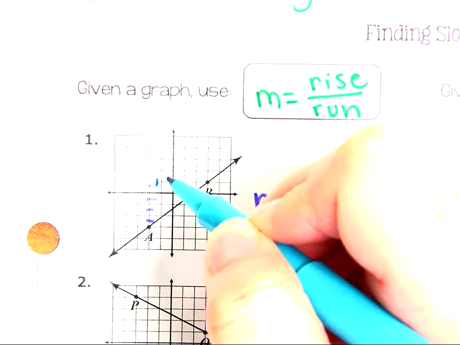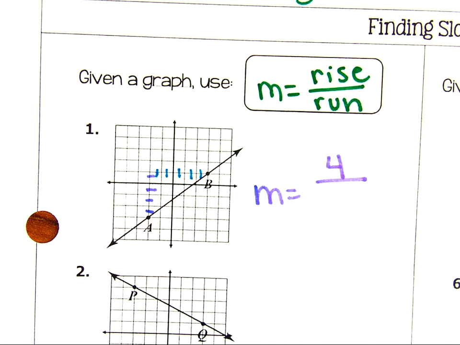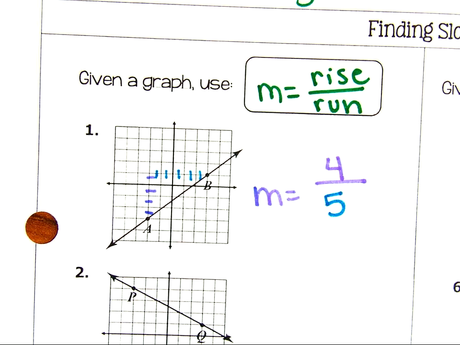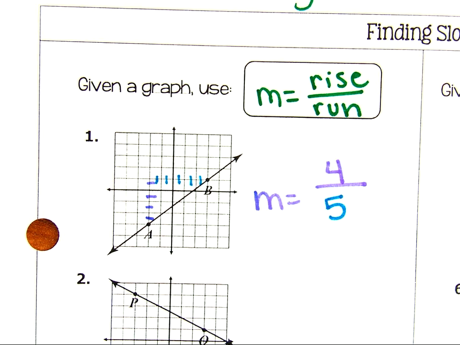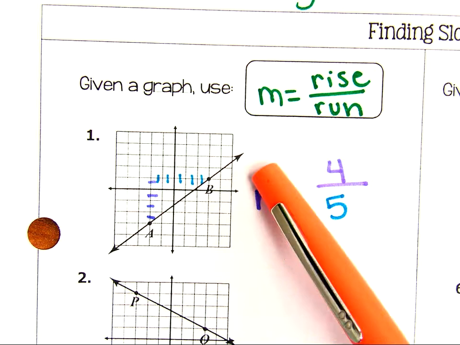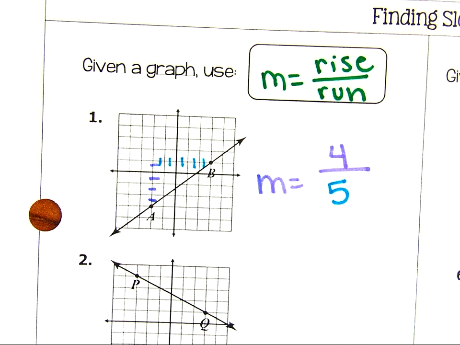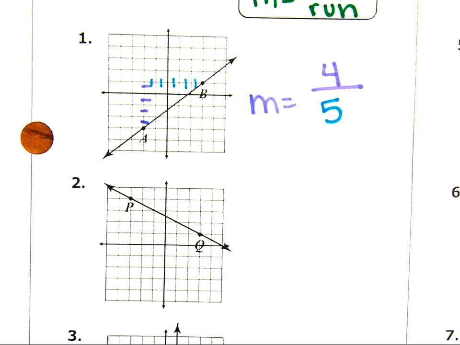So 1, 2, 3, 4, 5. 5. Then I want to make sure with what we just talked about up there, this is a positive line, has a positive slope, so this number is positive. Okay, do one more example.